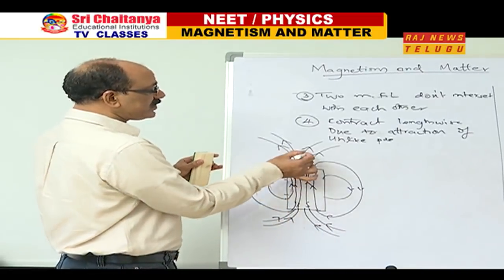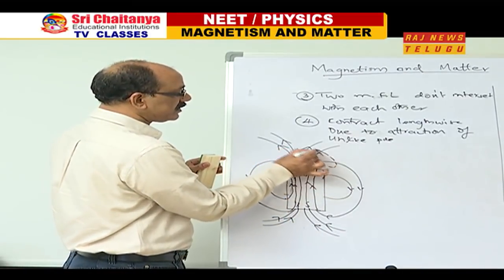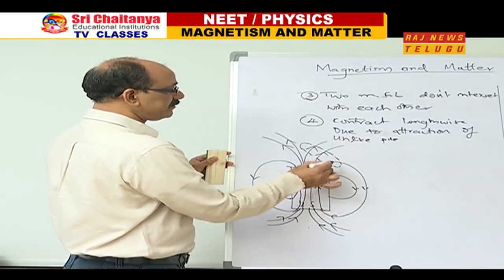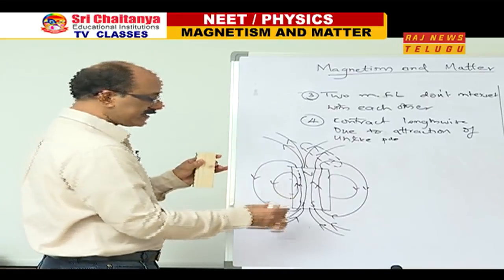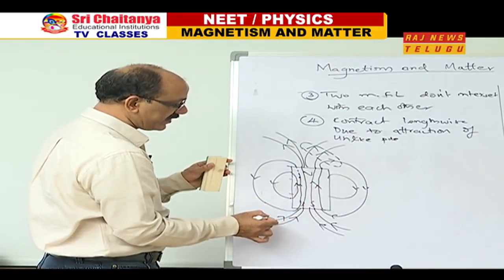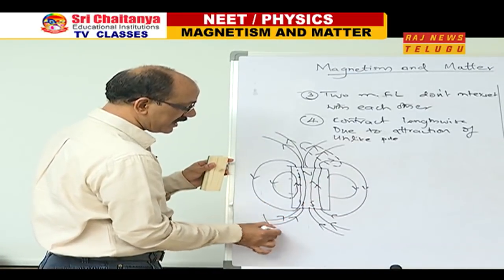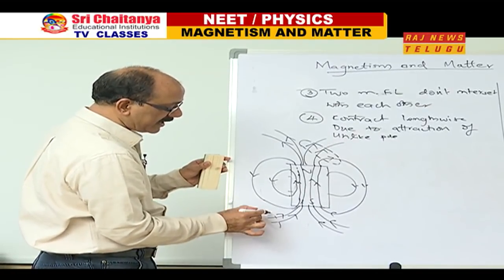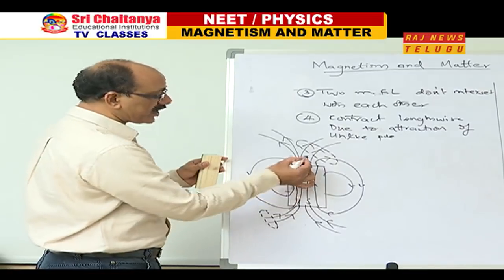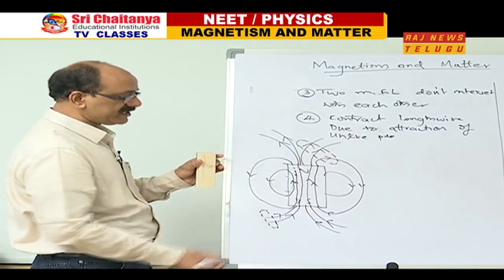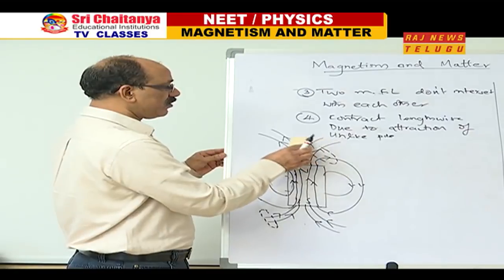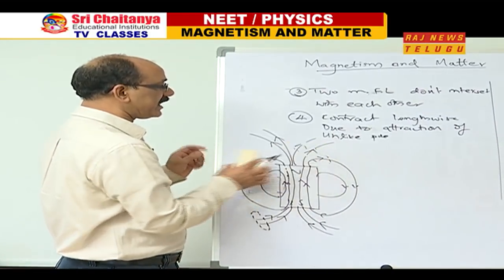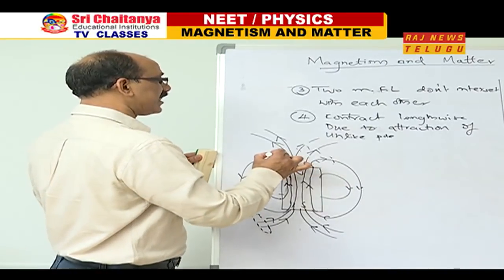Here, if you see a small closed surface, let us say a Gaussian surface, here and a small Gaussian surface there, the magnetic field lines are crowded here and less crowded there. If magnetic field lines are crowded more, it indicates that the magnetic induction, or the magnetic field strength, is more.